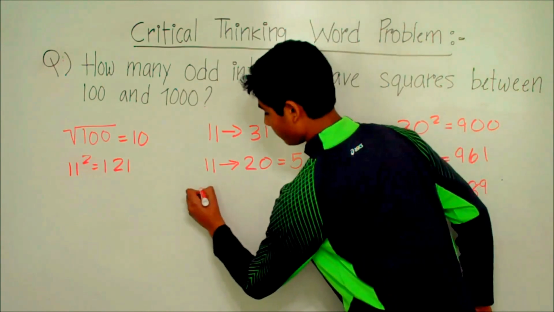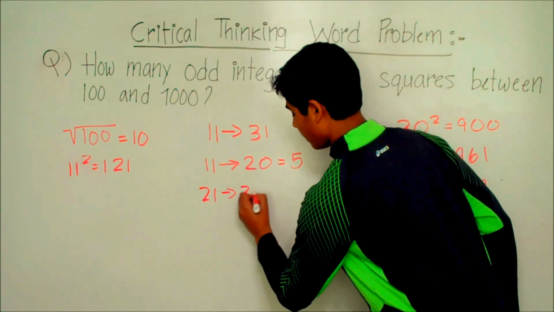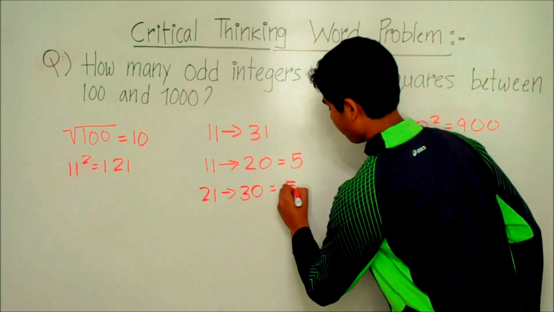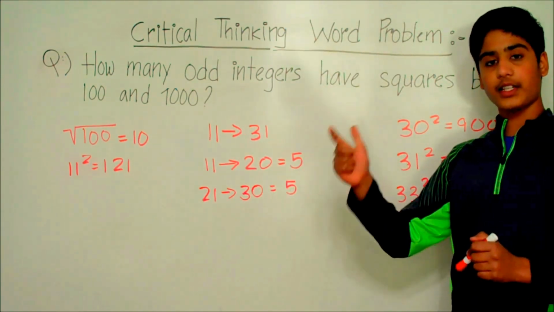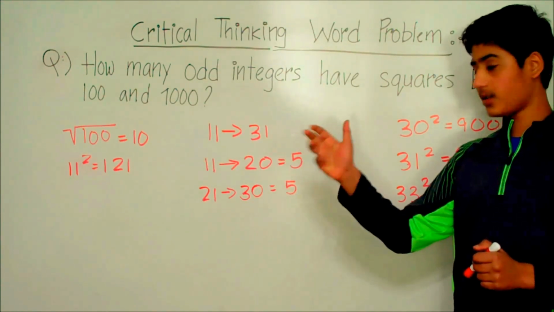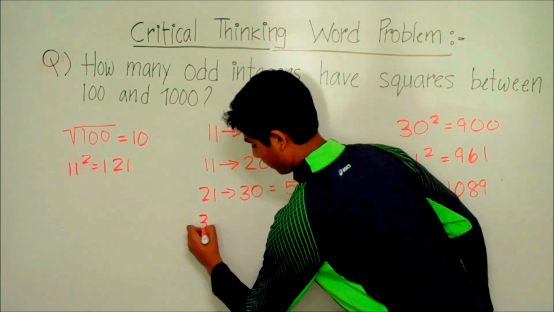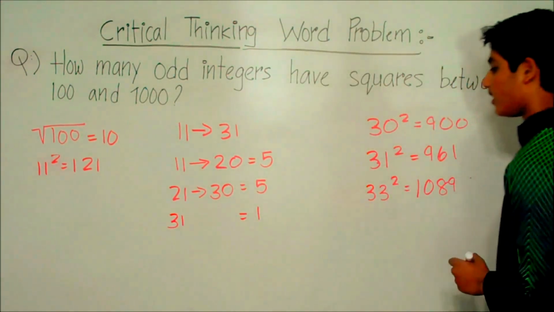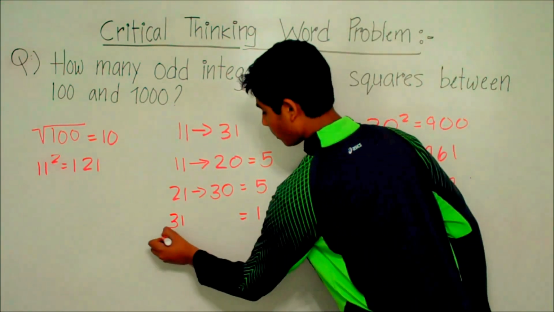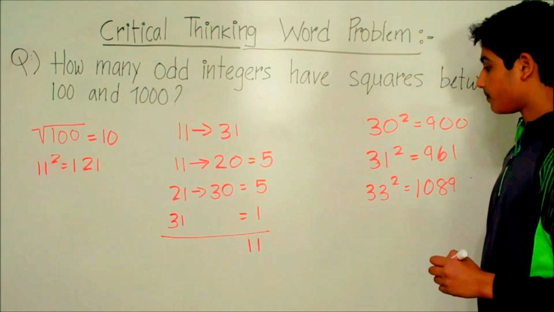From 21 to 30, there are also 5 odd integers: 21, 23, 25, 27, and 29. And we also have 31, which is another odd integer. So the total is 11 odd integers.